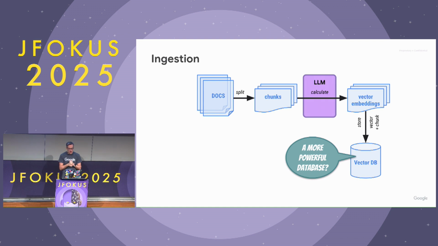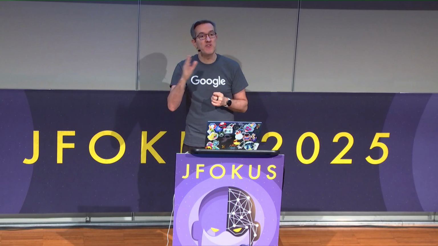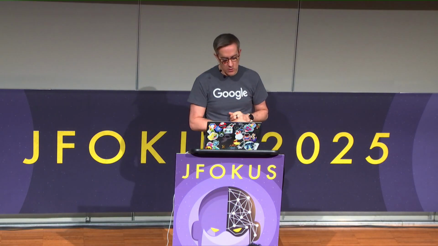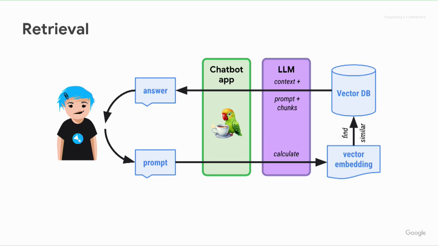Nowadays, most databases allow you to do some filtering, like a where clause with SQL, so it finds the vectors just in a subset that is more relevant to the question. So let's have a look at the retrieval techniques.